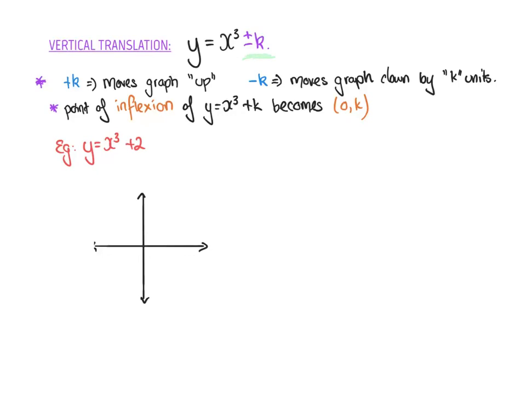If we have a look at our example here, if I drew a basic cubic, it would look like that. But what we have seen with this one is the graph has moved up 2, so we might go 1, 2. So we'll now see the point of inflection happen at the 2. So (0, 2) will be the point of inflection.